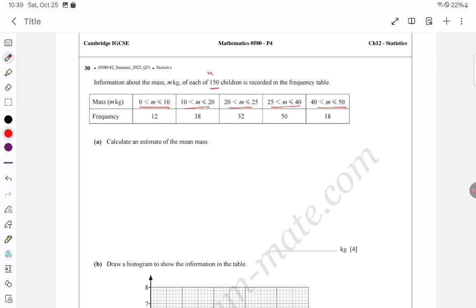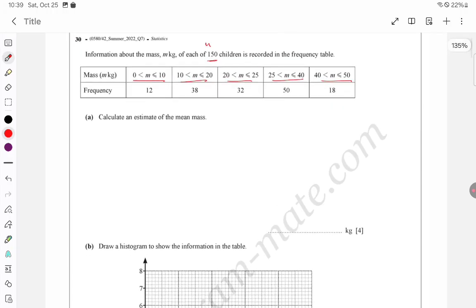In order to calculate, first we have to make our table of all of it. Now we have to calculate the mean.